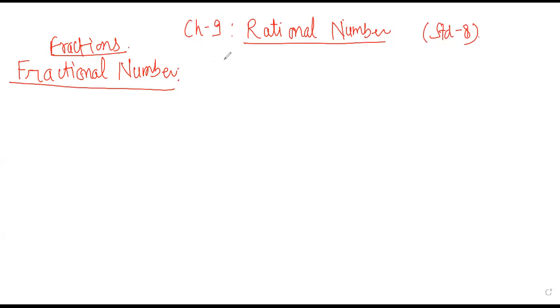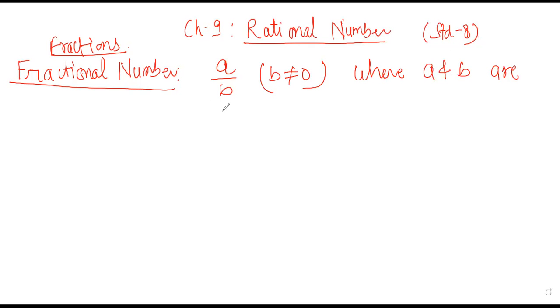Everyone knows that they are numbers in the form of a upon b, where b is not equal to 0, and a and b are whole numbers. This is the actual definition of fractional numbers.